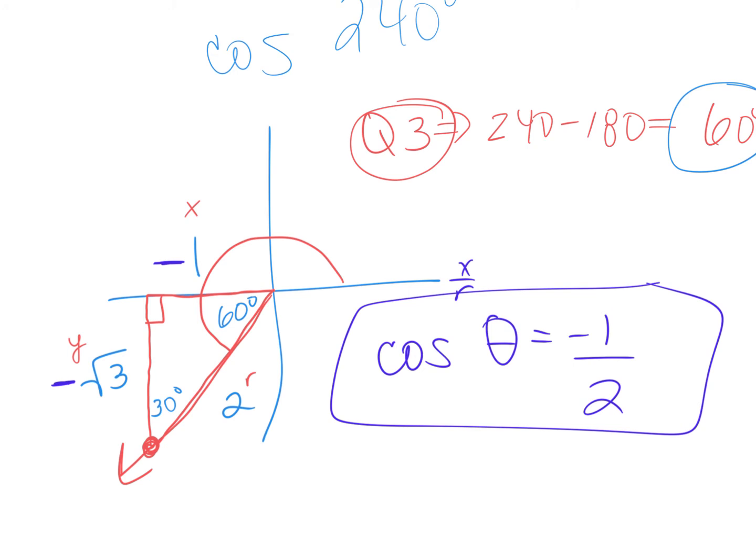So if you don't have your unit circle, which you're not going to, you will be able to figure out the trig functions for whatever angles I give you, because you're going to use your special right triangles as a pattern. All right? Are we having a unit circle? No. That's why we're doing this.